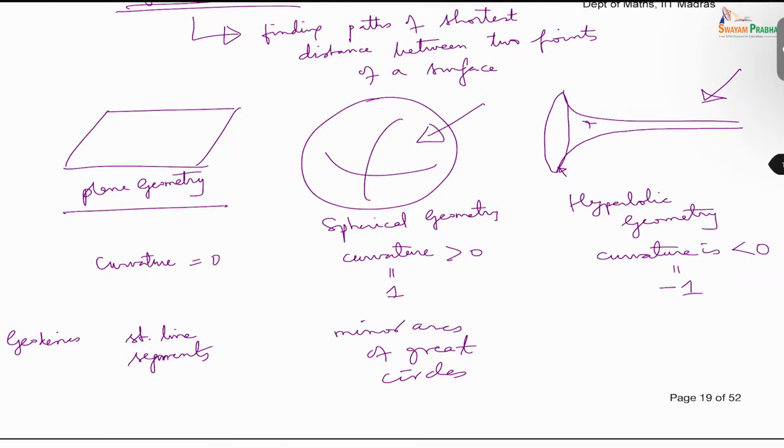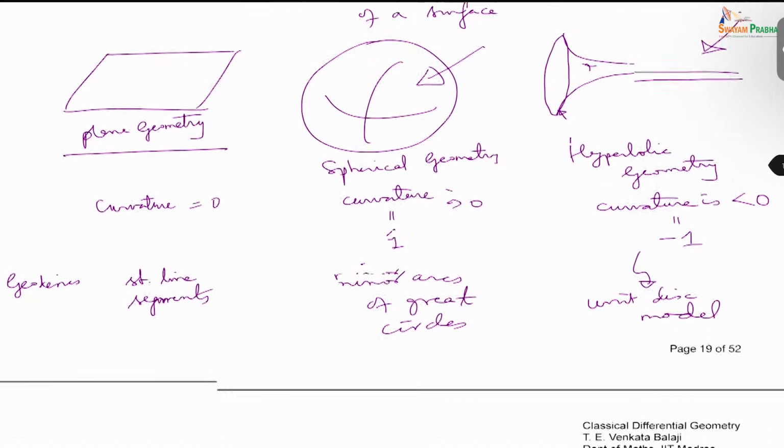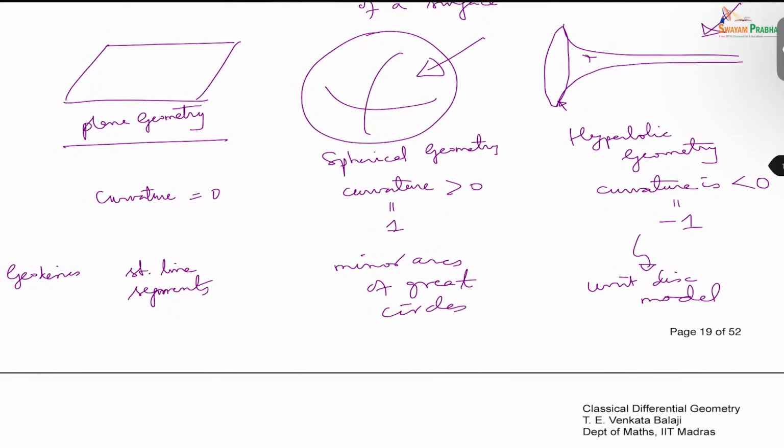Then you can do the hyperbolic geometry on the unit disk. So there is what is called the unit disk model. This is very much connected with complex analysis, where the unit disk is the same as the upper half plane or any half plane because of Mobius transformations. So I will tell you what happens in the unit disk model.